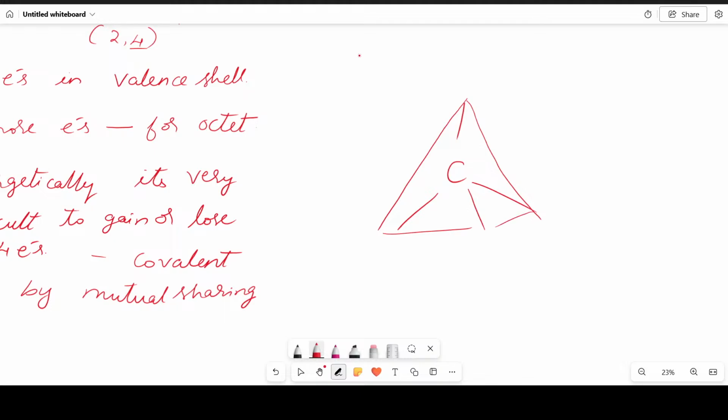If I consider an example of methane, the central atom is carbon. You have the hydrogens at the corners of the tetrahedron. So it has formed 4 covalent bonds: 1, 2, 3, 4.